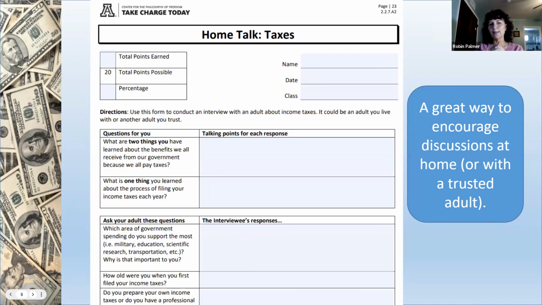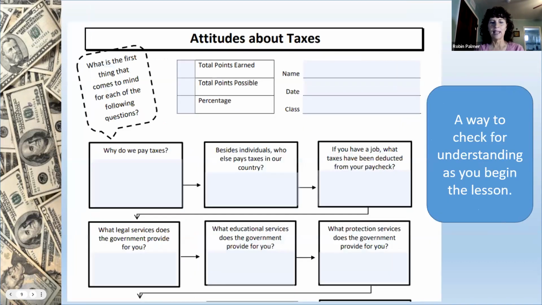You can see for this one, when I created it, I said I wanted them to tell me what they had learned. So there were 2 questions for the students to answer for me. And then there were questions that they could ask somebody else about. So just a way to have those conversations and try and do some educating outside the classroom, or with the students talking to another adult that wasn't me.